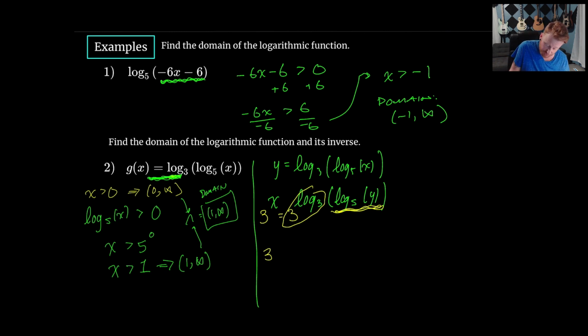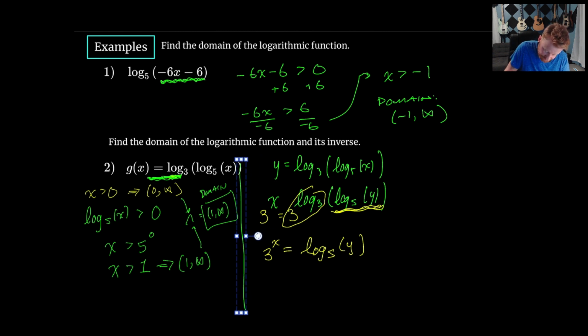So in our next step, we have 3 to the x is equal to log base 5 of y. That is the result of raising a base to a log of the same base. They're just undoing each other, and you just get the input back from that point. So we can do the same thing here.